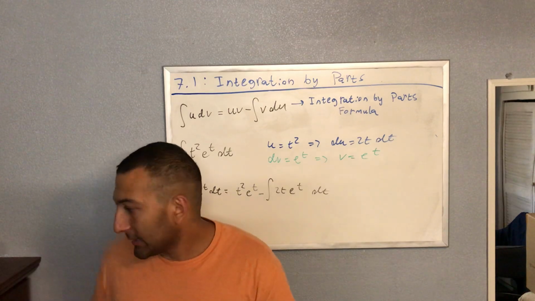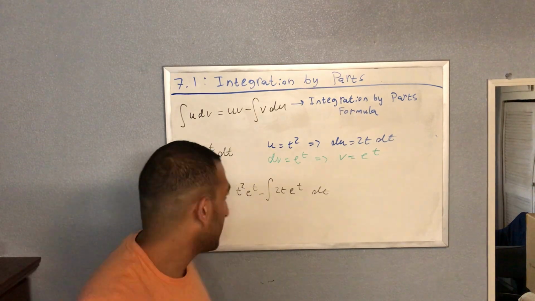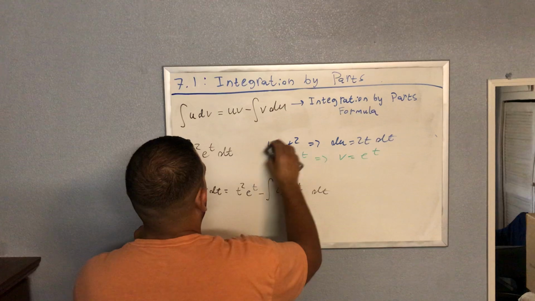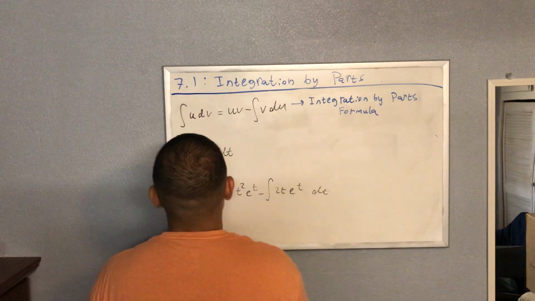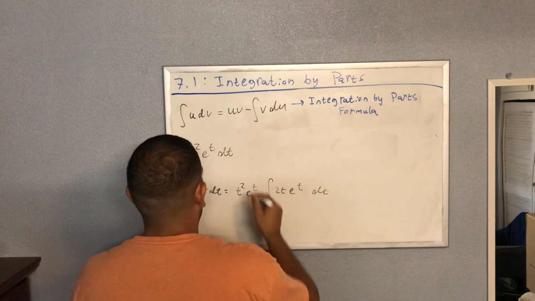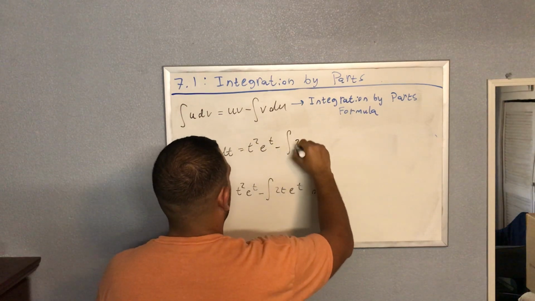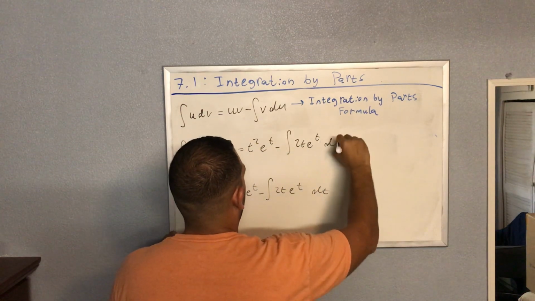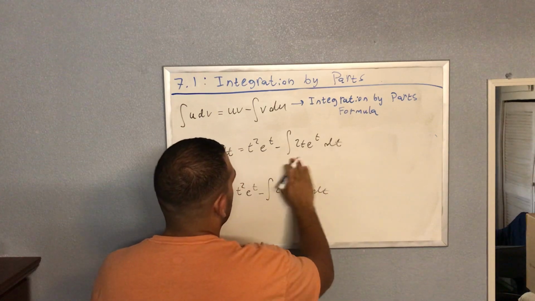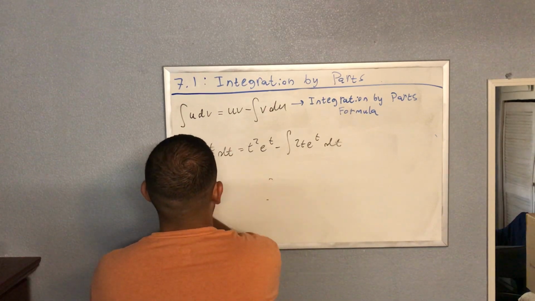So what we're going to do instead now is, let's make a note of this, the integral here is t squared e to the t minus this integral. But we're going to use integration by parts to figure out what this integral is.